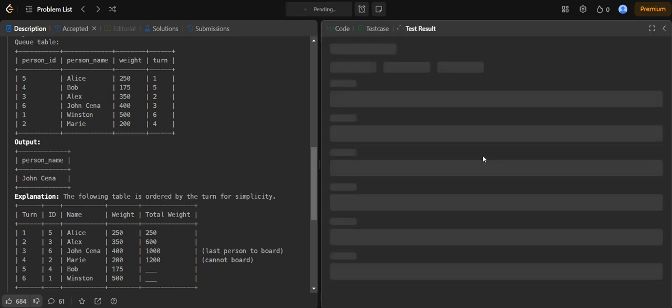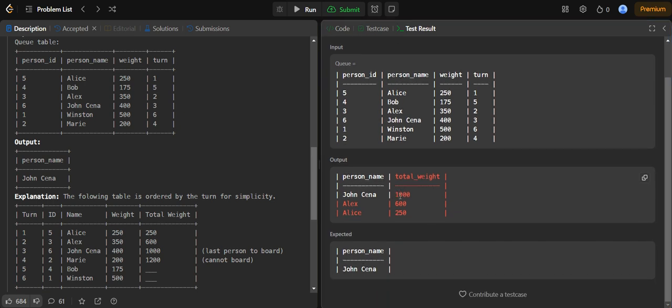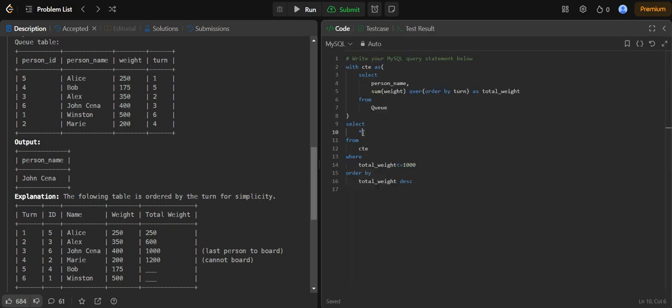So I have used the filter condition, then I have ordered the table according to the total weight in descending order. So the first person who has the total weight just less than or equal to 1000 will come first. So I am going to select only the person name and select only the first row, limit 1.